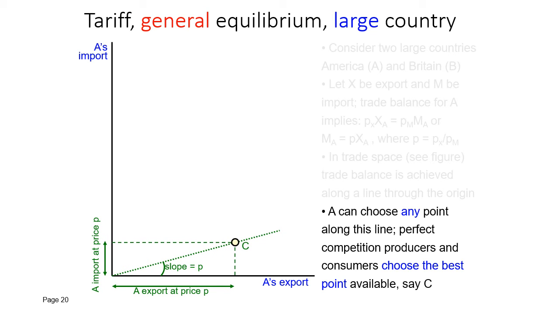So as long as we choose any point on this line, we have perfect competition for producers and consumers, and that is the best choice that they can possibly choose. So we can say point C would be that point.